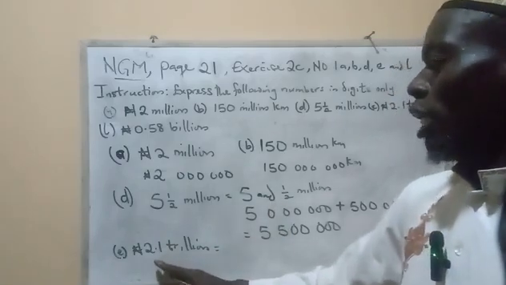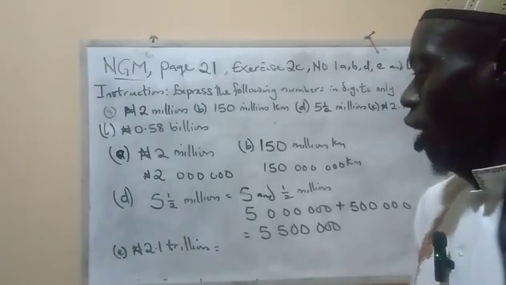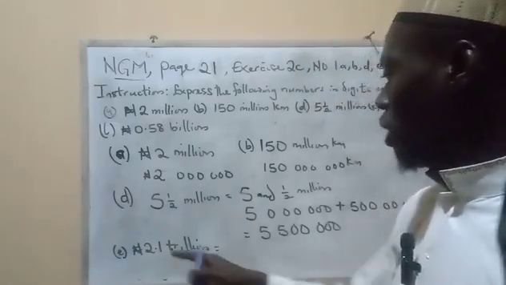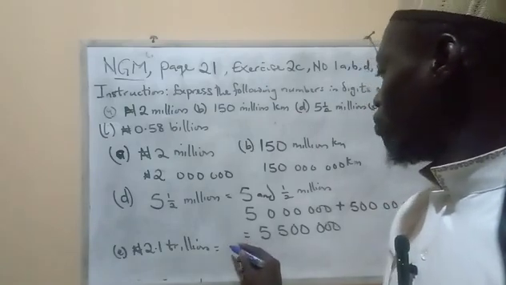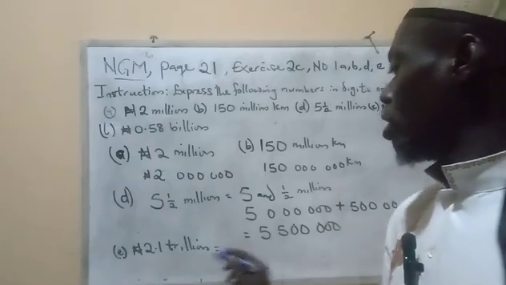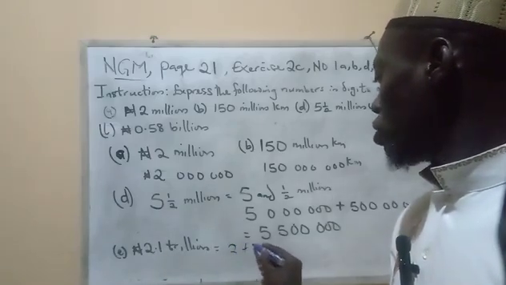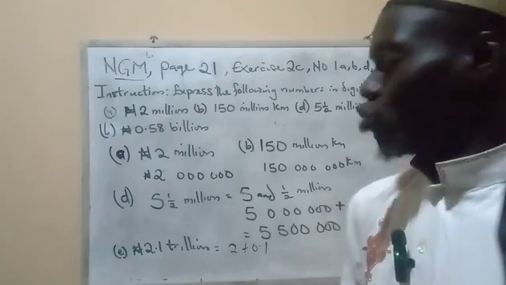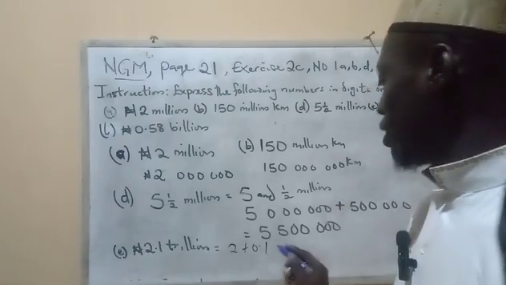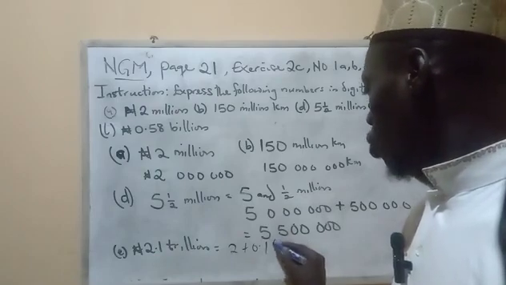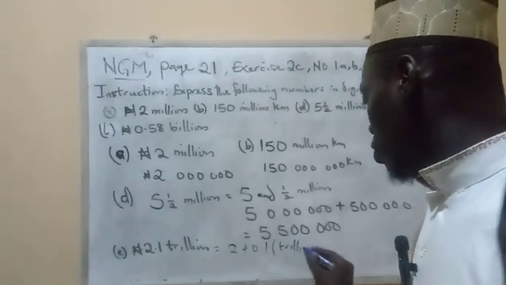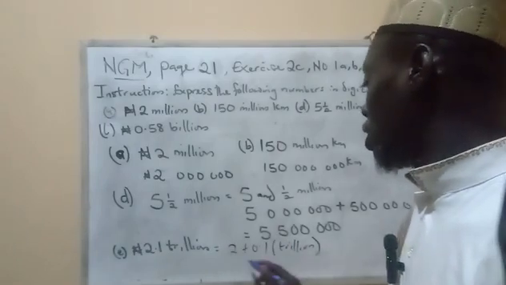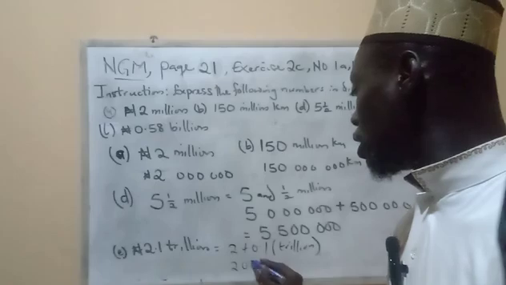So you have to apply a little understanding of decimals here. 2.1 simply means 2 plus 0.1 trillions. So we put trillions in brackets, meaning that we have 2 trillions.